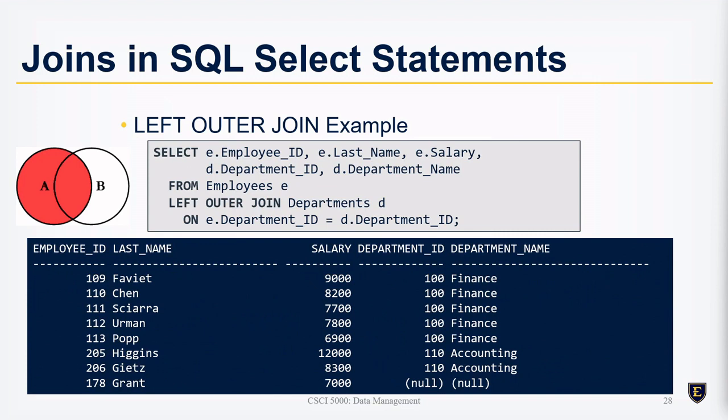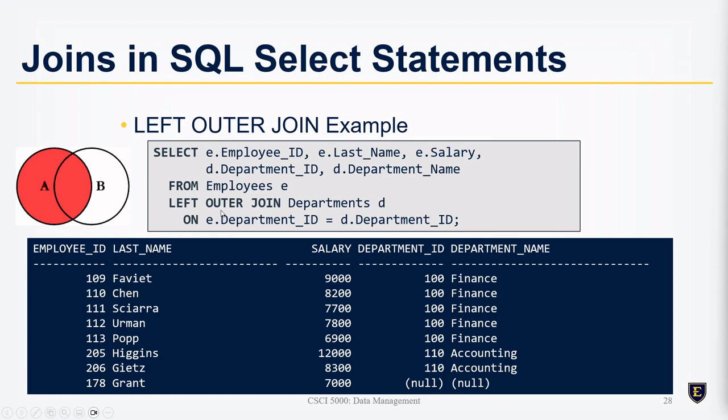If we have a left outer join and table A is employees and table B is departments, then we list all records from table A, which is the employees table. Regardless of whether there's a match or not, we want to list all of those records. So notice if we were to expand this, we would have the 107 employees that exist in that table listed.